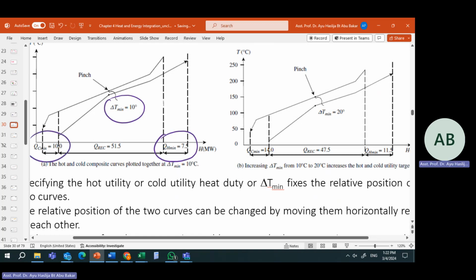If you extend the delta T min to 20, your QH min is more compared to delta T min 10 degrees C. So this shows that if you increase the delta T min, you will increase the heat supply, and your heat recovery will also decrease.